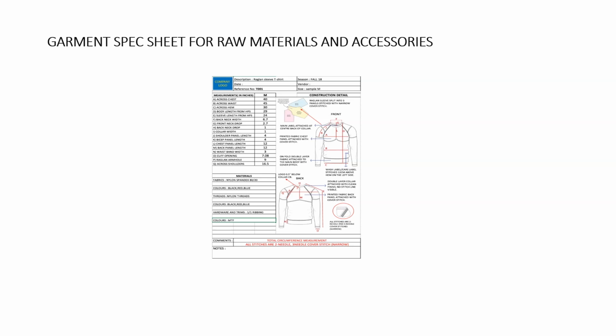Then whether it is garment washing, if any kind of printing has to be done, what type of printing has to be done. Then sewing, what type of stitching is done in the garment, and finally what type of washing is there in the garment. All things are narrated in a single sheet. And also the measurement techniques.